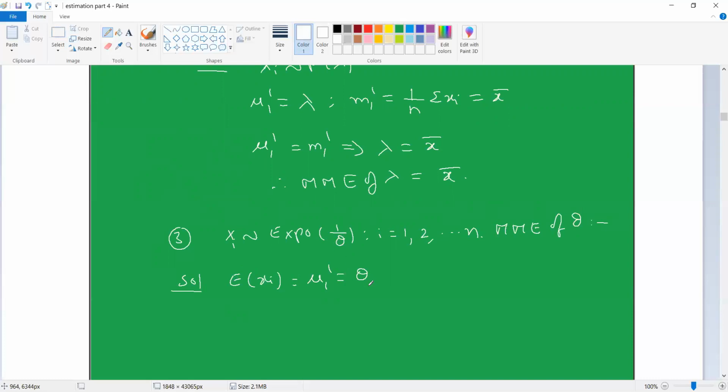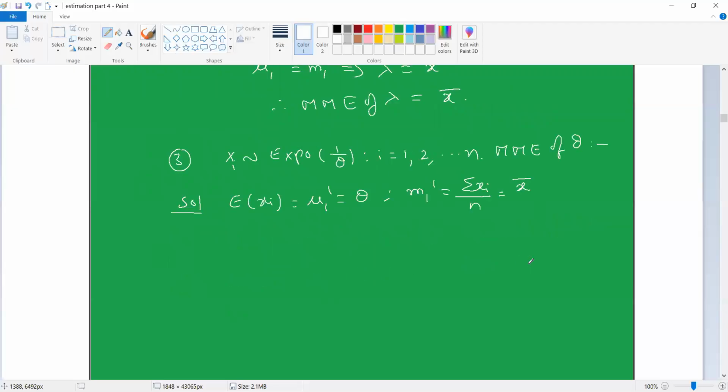Here the parameter is 1 by theta, so the mean is equal to theta. Now m1 dash equal to summation xi by n, denoted as x bar. Equating mu1 dash and m1 dash implies theta is equal to x bar. Therefore, theta cap is equal to x bar. The MME of theta is equal to x bar.